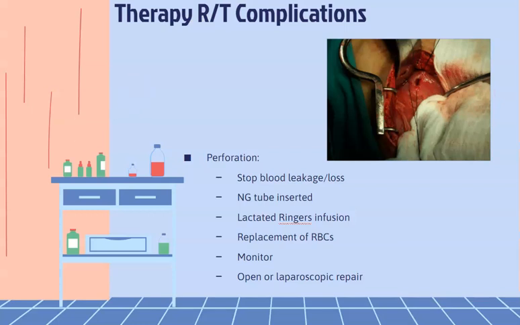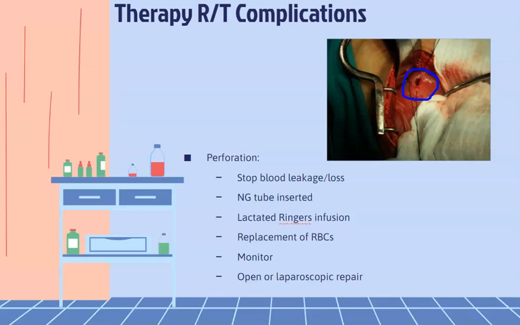So here is what a perforation looks like. You can see it right in the middle of this picture right here. That hole is where it is perforated through the stomach lining. These are medical emergencies. We're going to be inserting NG tubes because we want to get whatever contents are remaining in the stomach out.